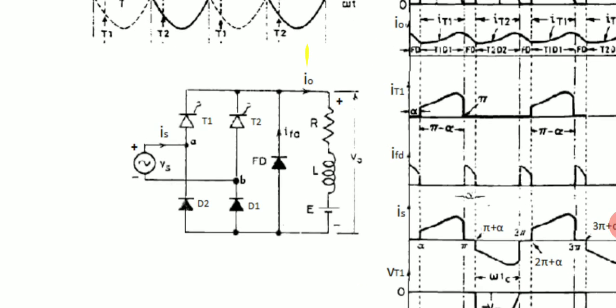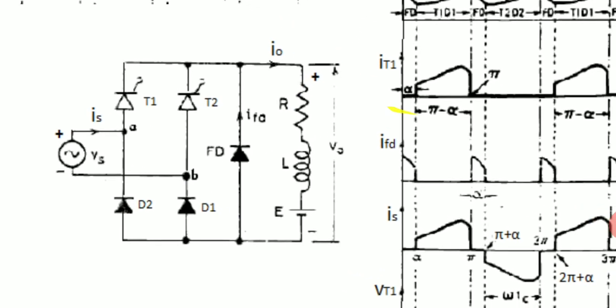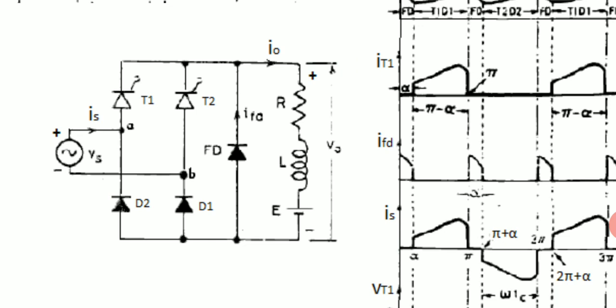You can see in this figure that we have a single phase AC supply, which is connected to a load that is RLE in nature, and the intermediate circuit here is a semi converter. We have 2 thyristors and 3 diodes, including the freewheeling diode.